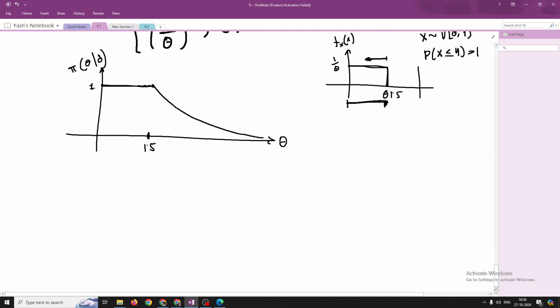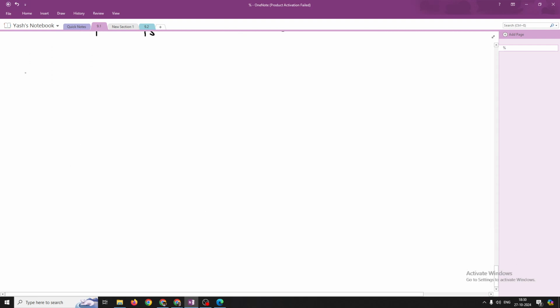So we need to calculate the significance thing, and that is just the maximum of this power function when my theta is in theta naught, right?